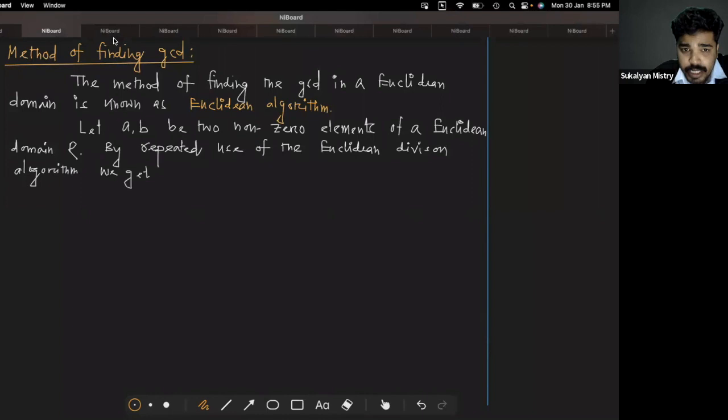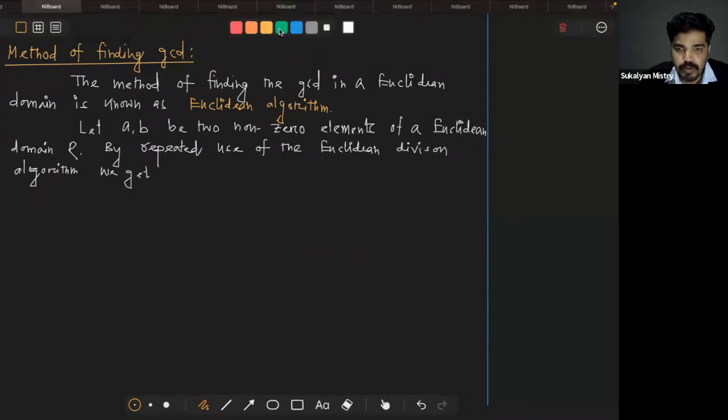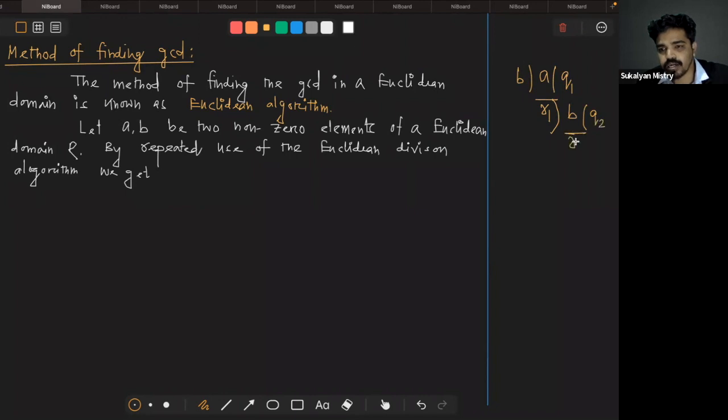ভালো করে দেখবে যেটা আমি বলছি। মনে করো সাপোজ তুমি a কে b দিয়ে ডিভাইড করছো। Suppose q1 is the quotient, r1 is the remainder, ঠিক? That means a is equal to কি হবে, b q1 plus r1. যদি r1 টা 0 হয়ে যায় তাহলে b টাই কি হবে, gcd, ঠিক? আবার কি করে আমরা নেক্সট কি করি, r1 দিয়ে b কে ডিভাইড করব, suppose q2 is the quotient and r2 is the remainder.